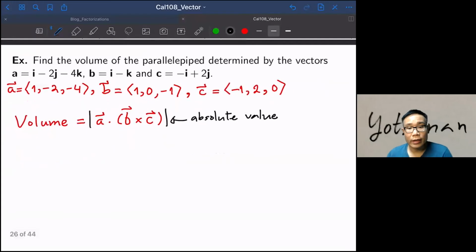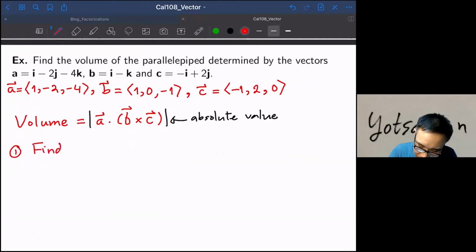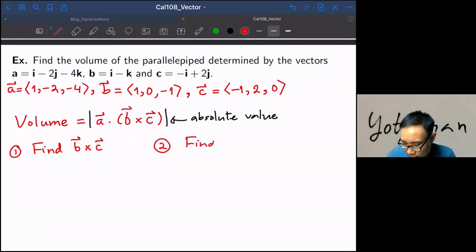In this case, you first find B cross C, and the second step is you find A dot B cross C, and you get the final answer.